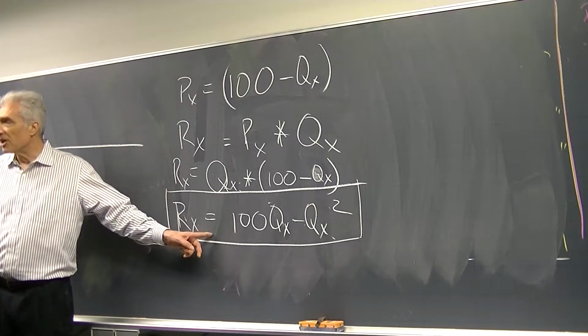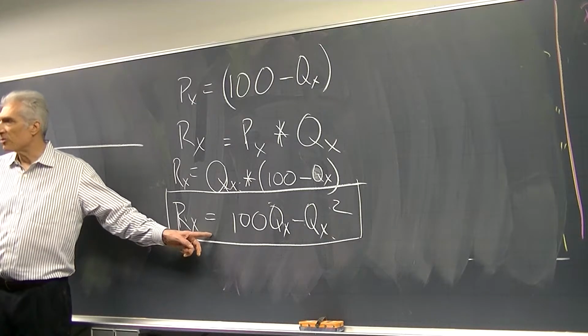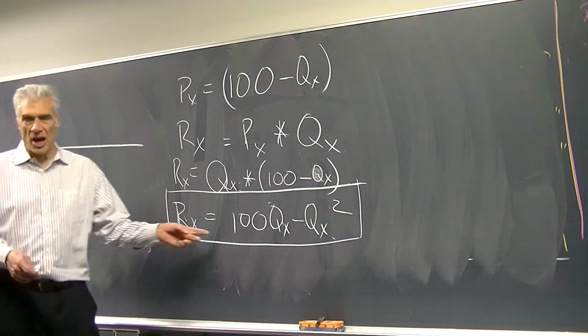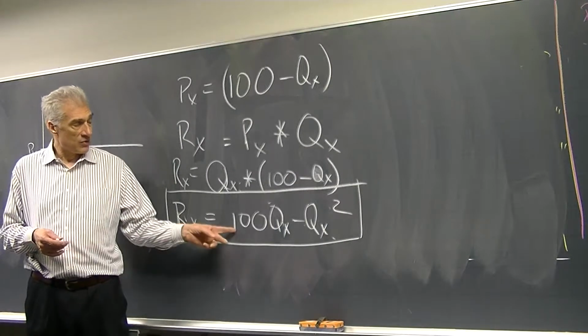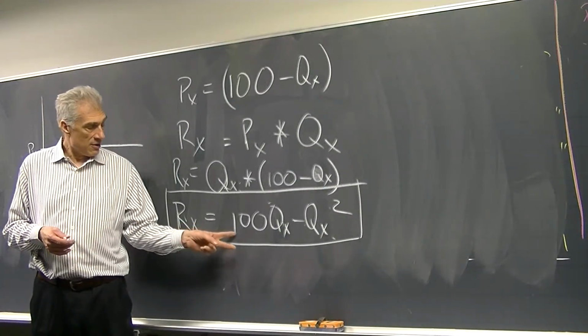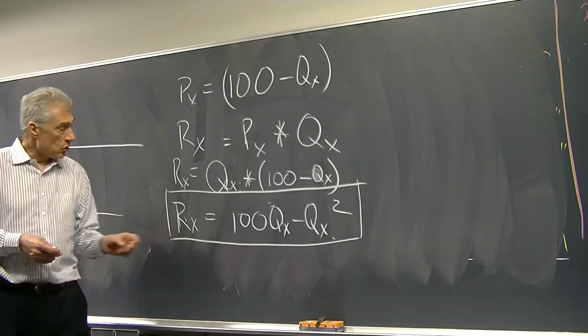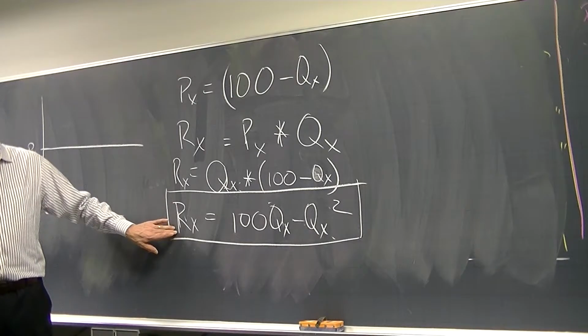It's also the same for the firm under natural monopoly and essentially under monopolistic competition, at least in the segment that it's operating. Whatever segment it's operating in, it's going to be a similar type of equation. So this is the revenue of a monopolist.